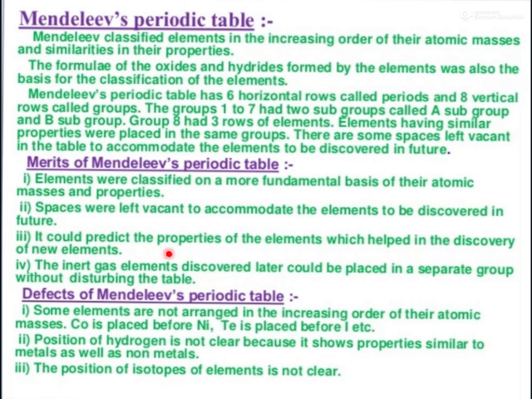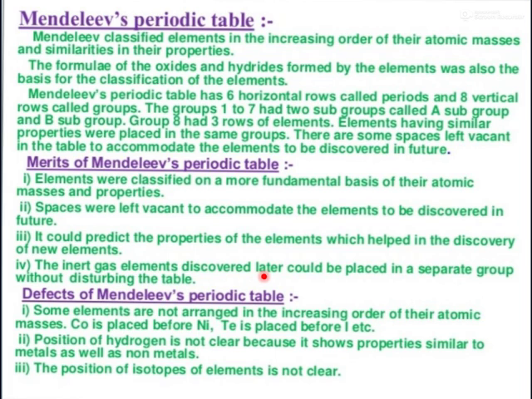It could predict the properties of elements, which helped in the discovery of new elements. There was a prediction about the properties of those elements which were not present at that time but could be discovered in the future. The inert gas elements were discovered later.